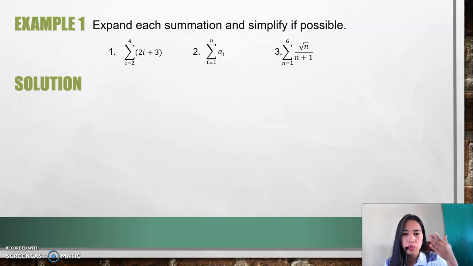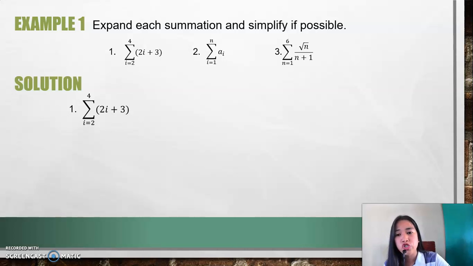So, how are we going to expand this summation? First, what we will do is simple: we just substitute the value of i. The values of i go from 2 to 4, meaning i could be 2, 3, and 4.